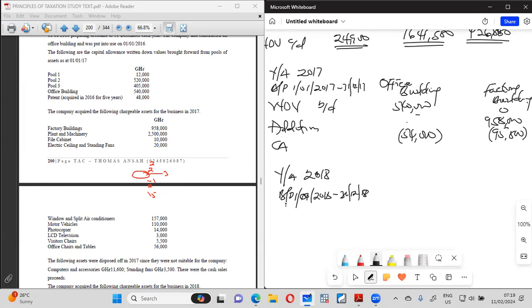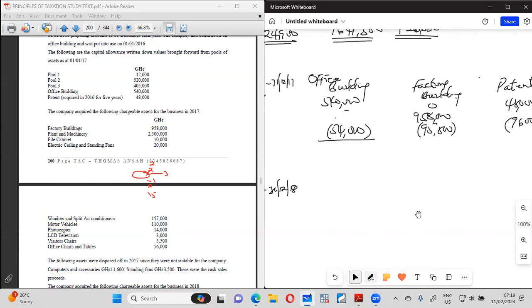Sorry. So the WDV brought down, which I didn't do, I have to do now so that I can just carry them and paste.